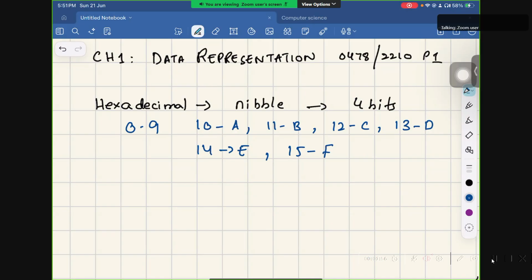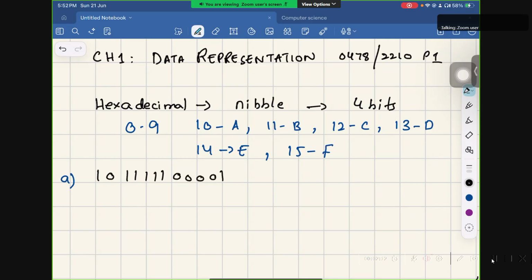First of all, we are going to see one example of how we are supposed to convert from binary to hexadecimal. For example, we have the number 101111000001.